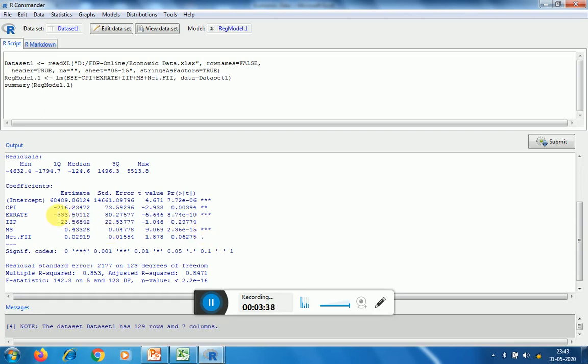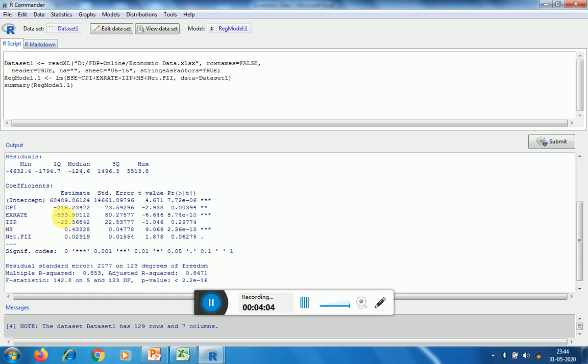Now here we see that the intercept value is 68,489, then the CPI value is minus 216.23, the exchange rate is minus 533, etc. So this is the intercept, and these are the coefficients for various attributes or variables.